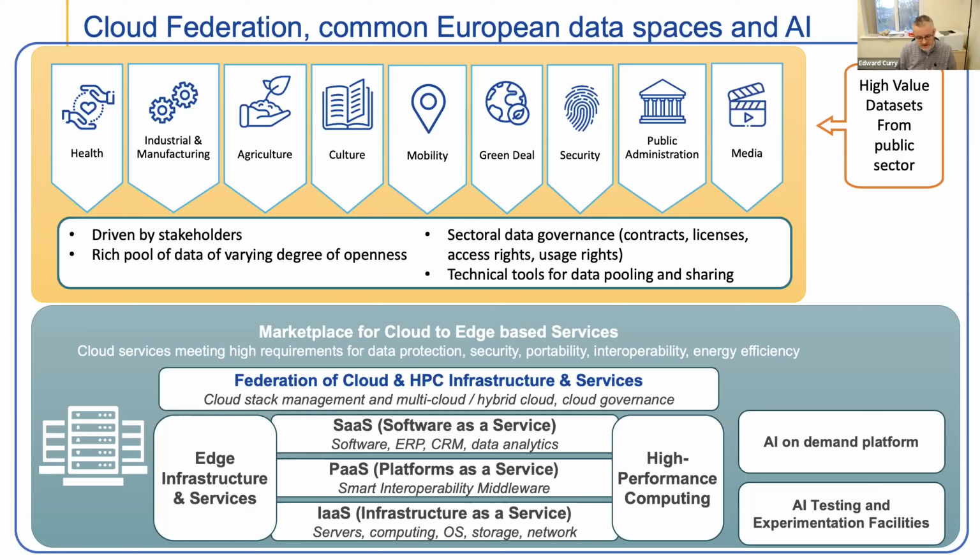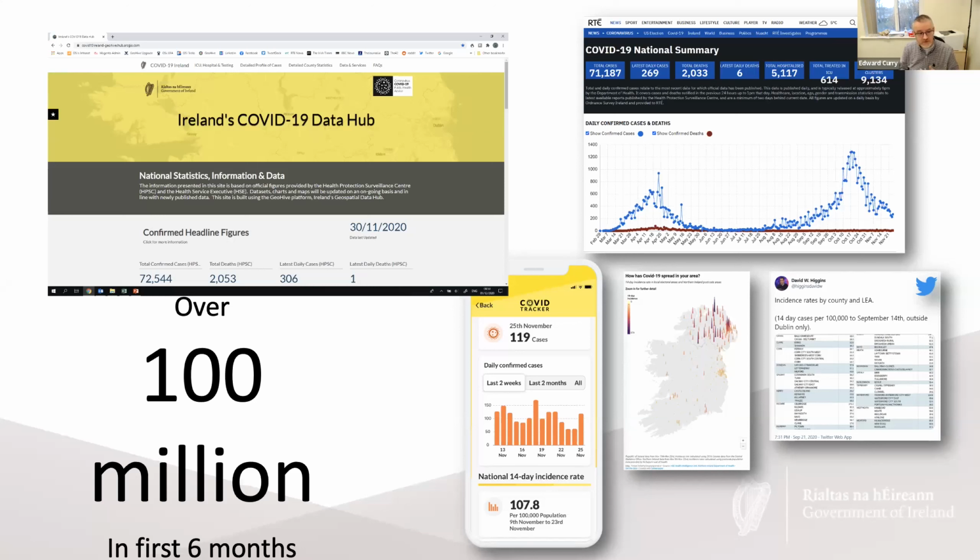Interestingly, people often ask me, particularly in Ireland, would we actually trust our public sector or our government to be able to actually deliver on this type of a vision? And within COVID, very interestingly here in Ireland and in many other parts of Europe as well, we managed to create our COVID-19 data hub within a matter of weeks.